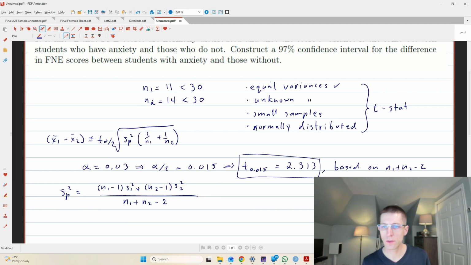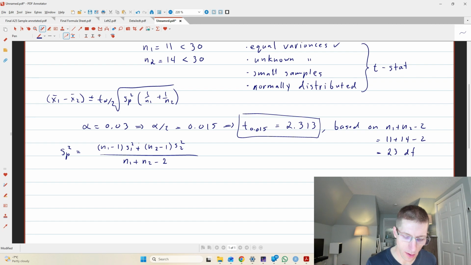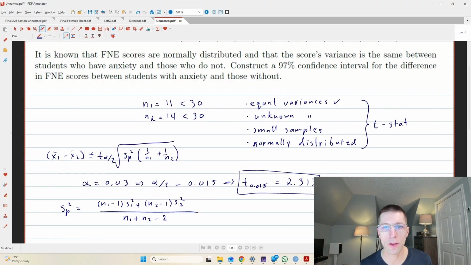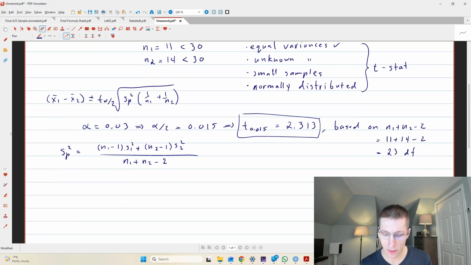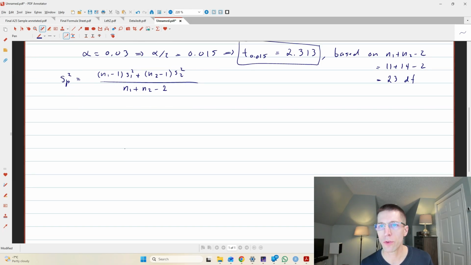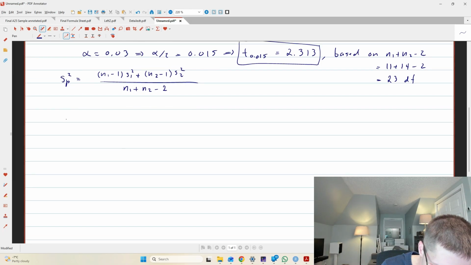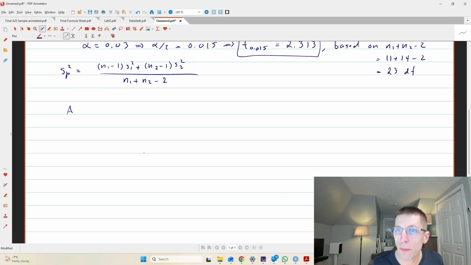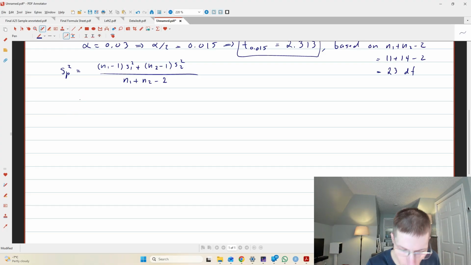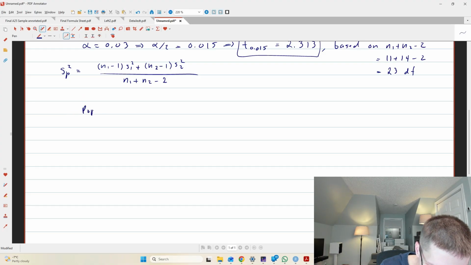And because unfortunately we're not given S1 squared and S2 squared, nor are we given X1 bar or X2 bar, that means we have to do some computation. So maybe what I'll do, just to help me, is call them pop 1 and pop 2.